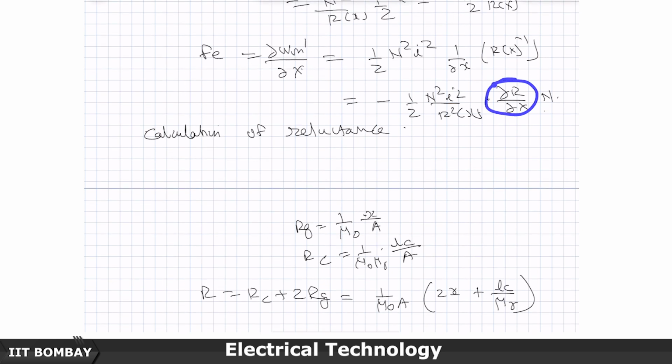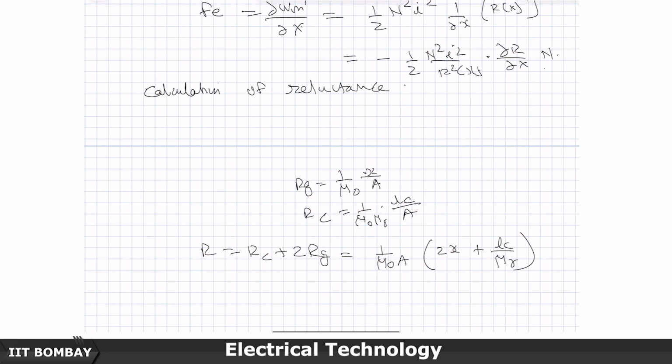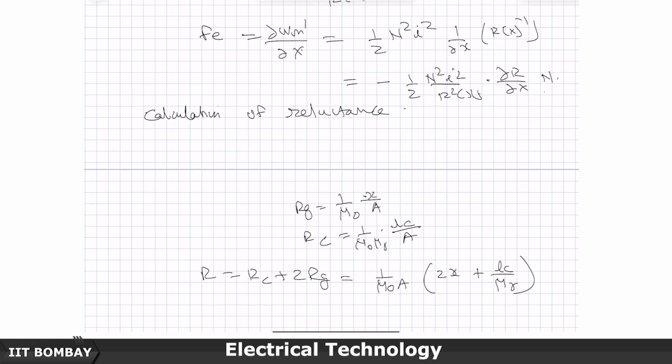Our next task is to take the partial derivative of this with respect to x. In fact, directly we could have dr by dx, it would be a more appropriate way of writing it.